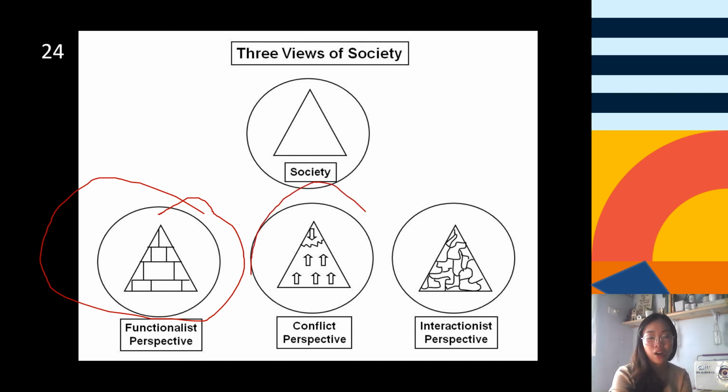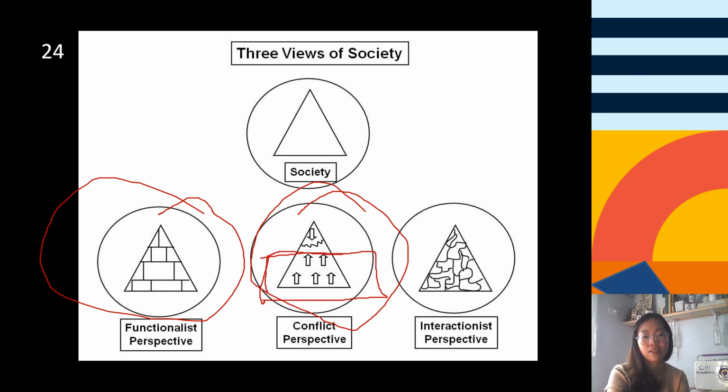And this one, of course, the ones on top are the bourgeoisie, for the class conflict. But in any type of conflict, the ones on top are the ones who hold power. Hence, there's an imbalance simply because they are on top, and there are a lot of people here at the bottom. Yeah, this basically represents the conflict perspective or social conflict perspective.